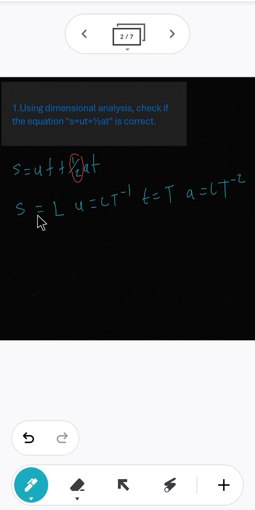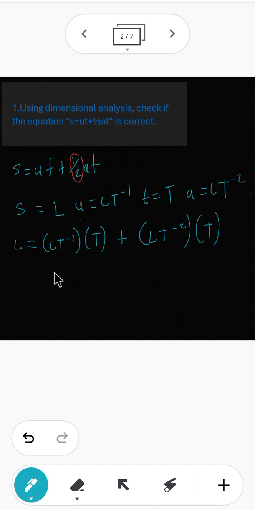Now following up, we're going to substitute each of the dimensions for their quantities. So S remains L, U remains LT minus 1, T plus, remember you're not working with a constant, so just A, LT minus 2, and time capital T.